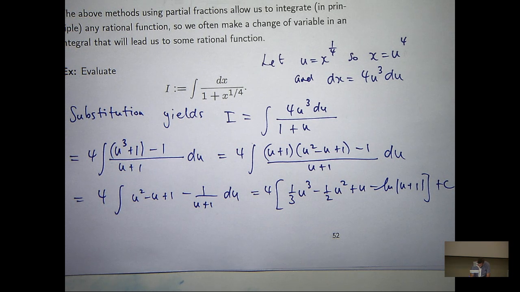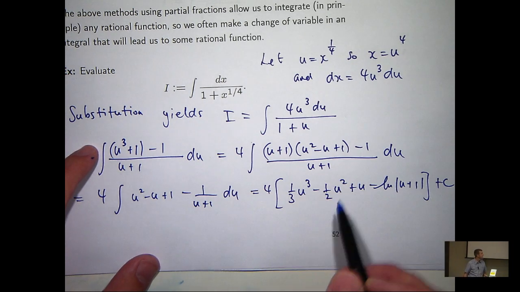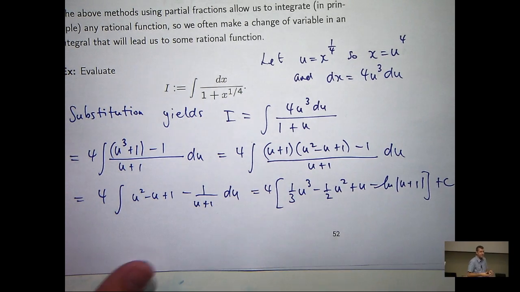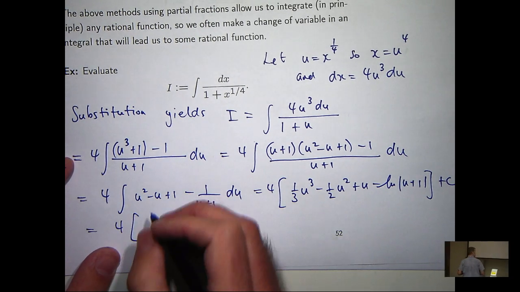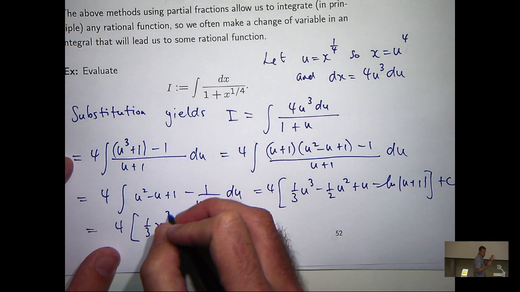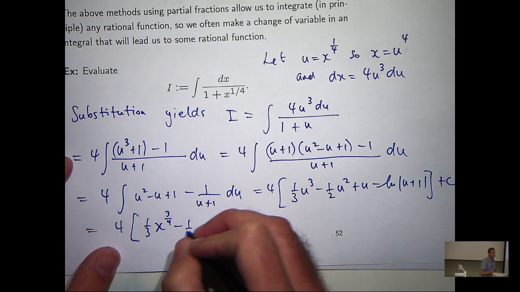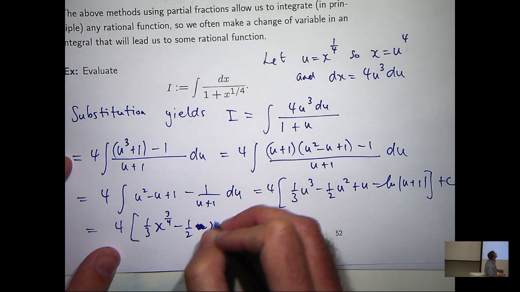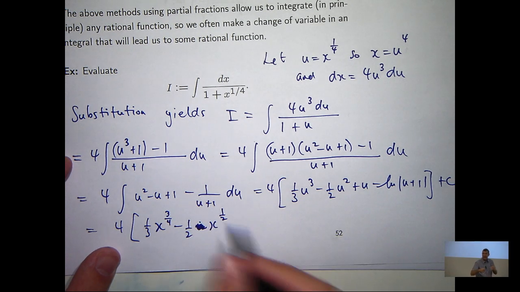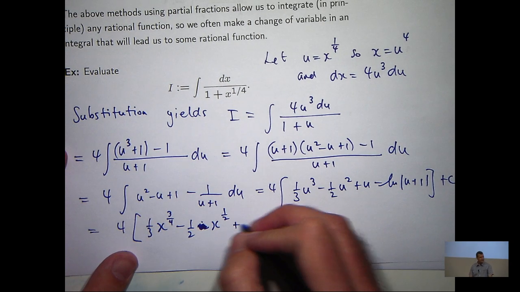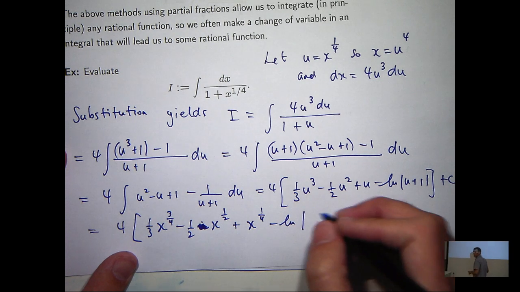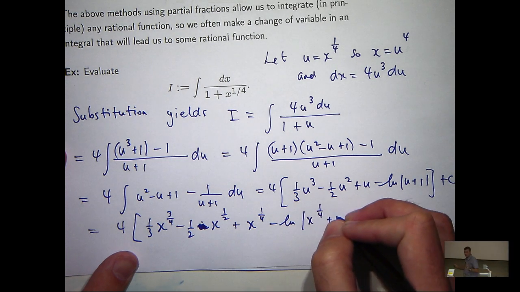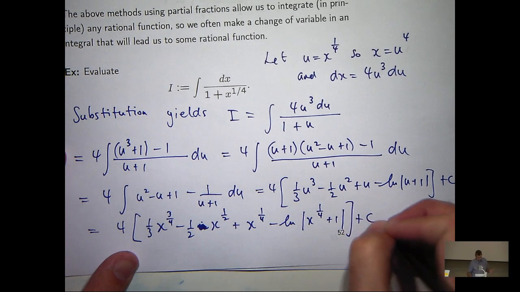So I can just back substitute, right? u is x to the 1/4, so I can just replace u with x to the 1/4 down here. So 1/2 times x to the 1/2. Done.